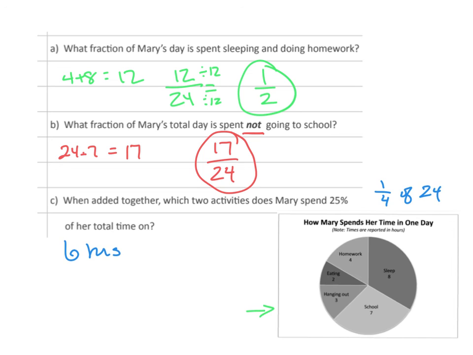So what two activities added together is going to give me 6? Well, definitely not sleeping or school because that's over. 3 would need another 3. So we have eating and homework. Eating and homework. So using fractions and everything, we figured out the answer to the questions.